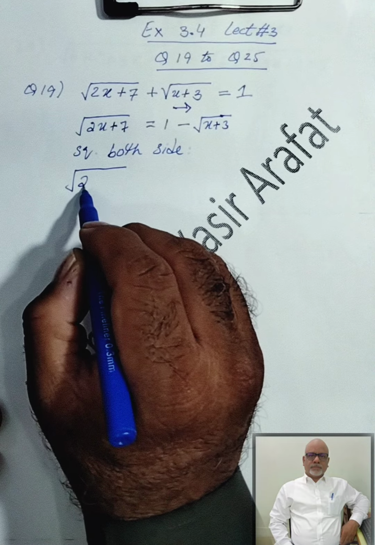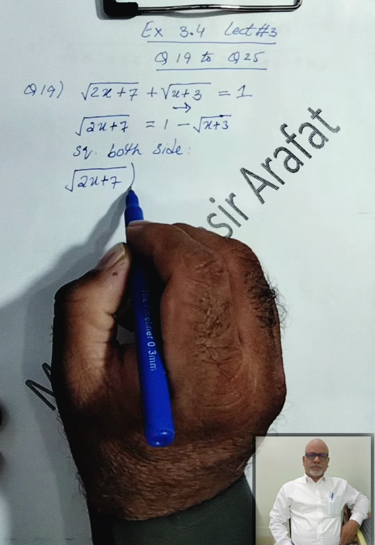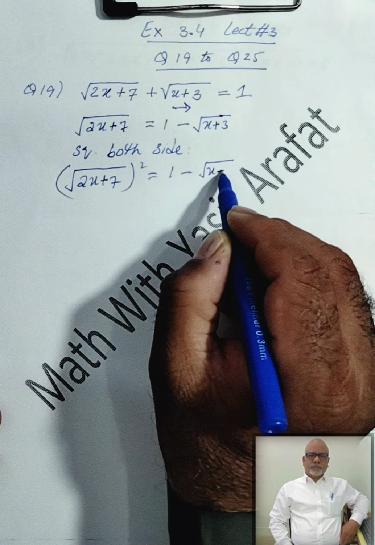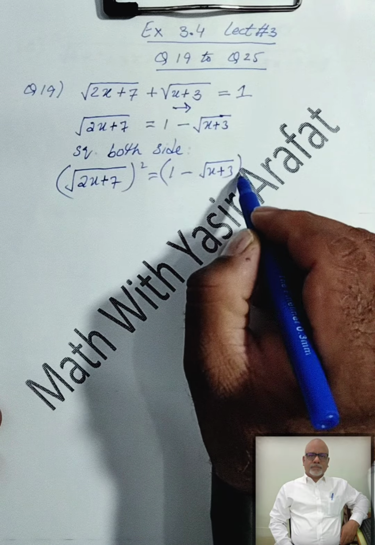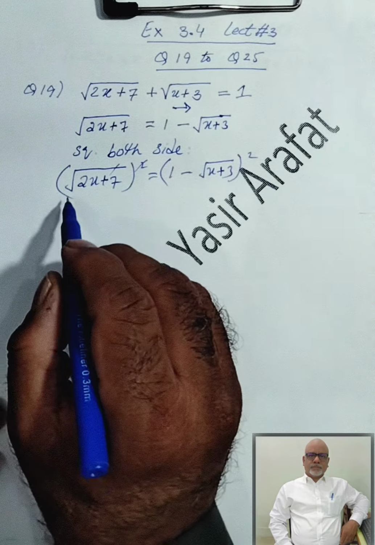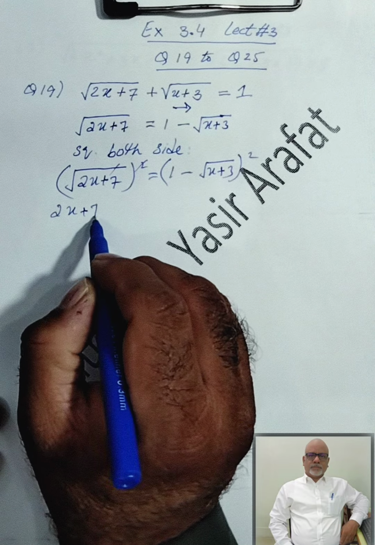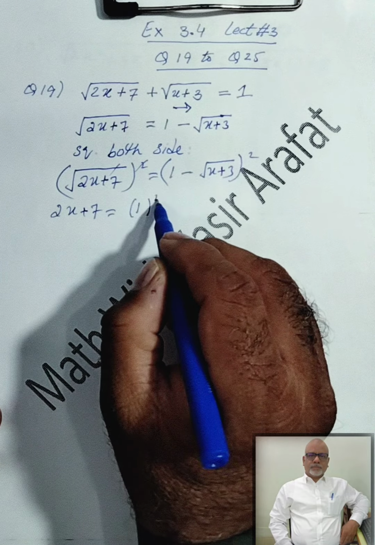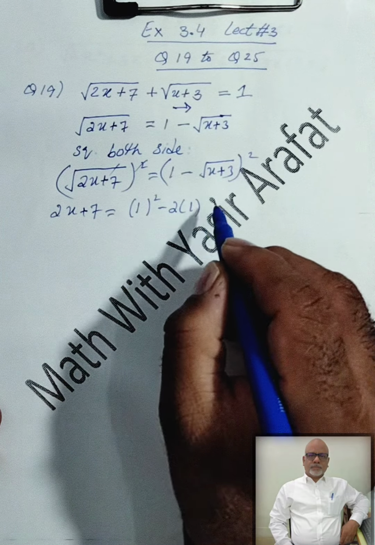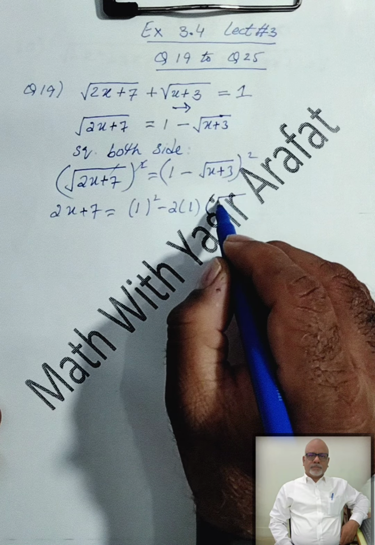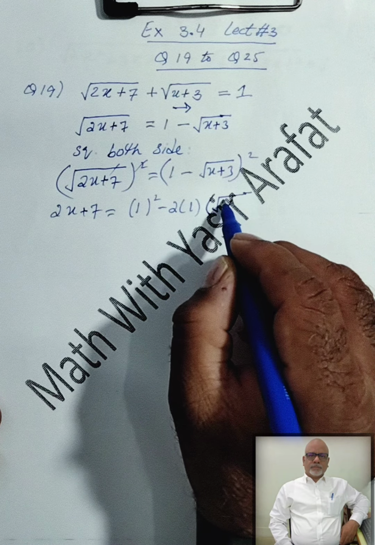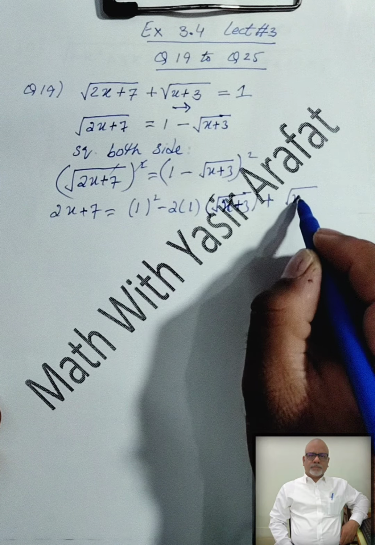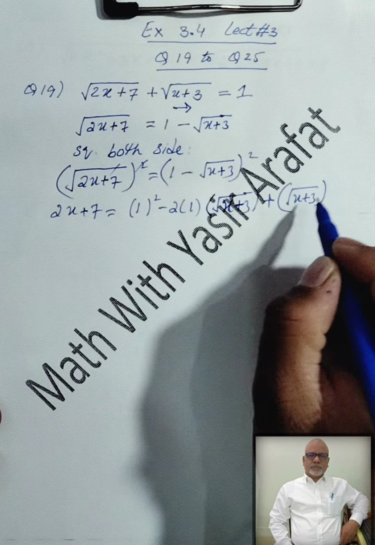So this is 2x plus 7, 1 minus radical x plus 3 to the whole square. So this square, cancel this, 2x plus 7. Here this is a minus b, so we have to apply the formula a square minus 2ab plus b square, that is radical x plus 3 to the whole square.